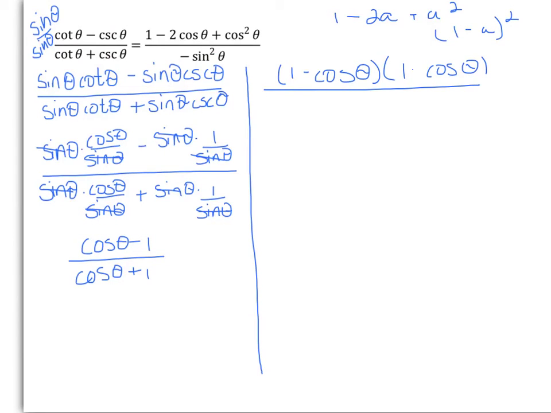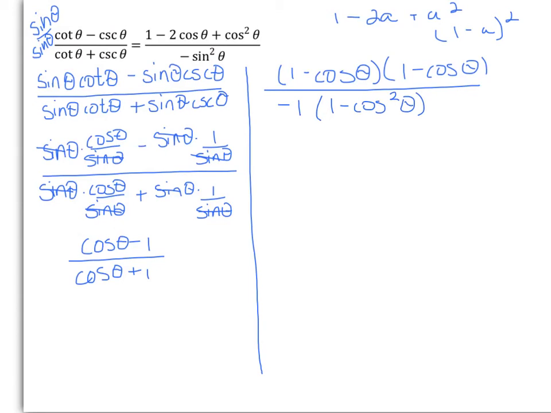The denominator is sine squared. It's actually negative 1 times sine squared, and I can go to my Pythagorean identities and say, well, I know that sine squared is really 1 minus the cosine squared. So I'll make this negative 1 times 1 minus the cosine squared of theta.